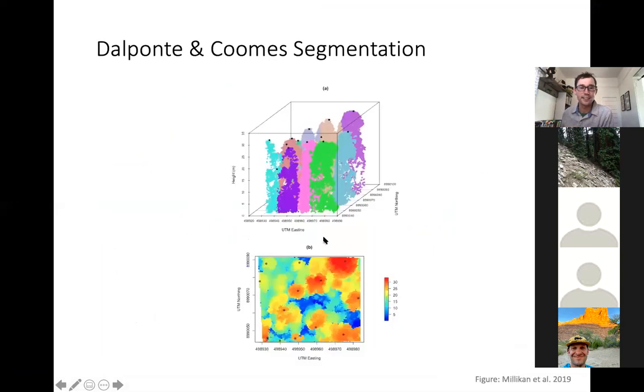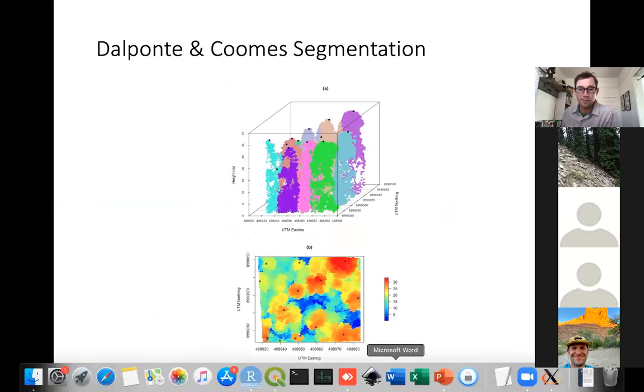So this is a visualization of what that algorithm is doing. It's one called ITC segment. The black dots here are the putative treetops, and then it's going to grow a region from those according to certain rules, and then classify all the points within the region as belonging to a particular tree.